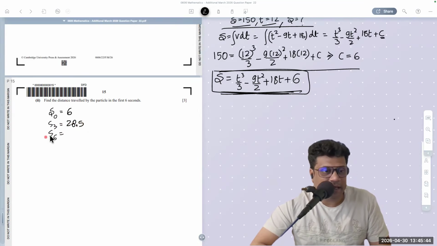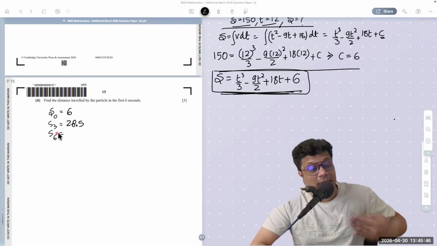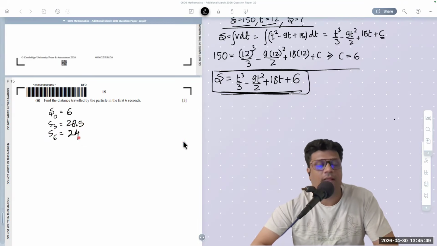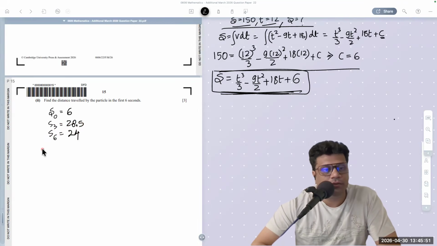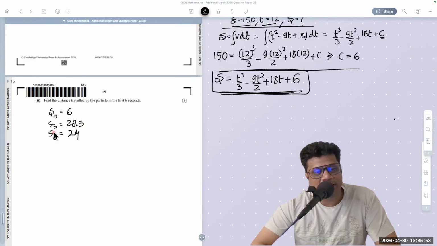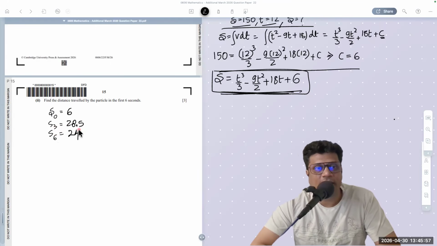And at t equal to 6, s is 24. Okay, so you can see the displacement has reduced between 3 and 6. So there's definitely a turning happening at time equal to 3 seconds.